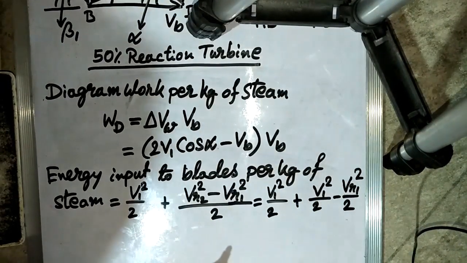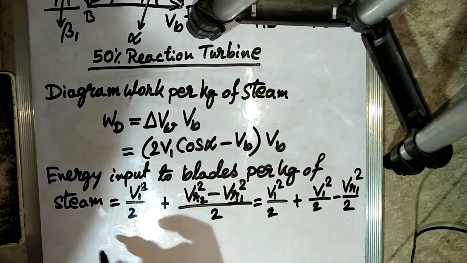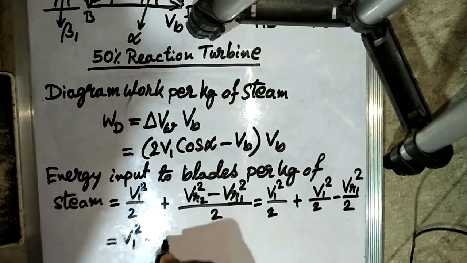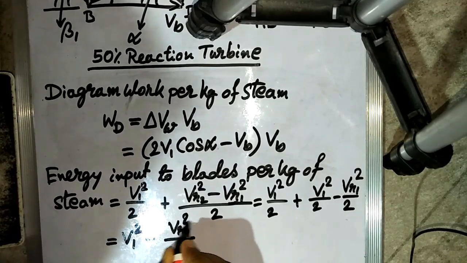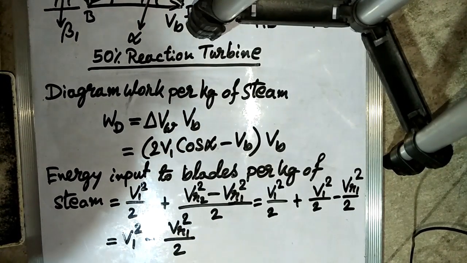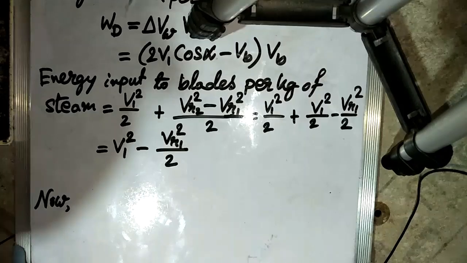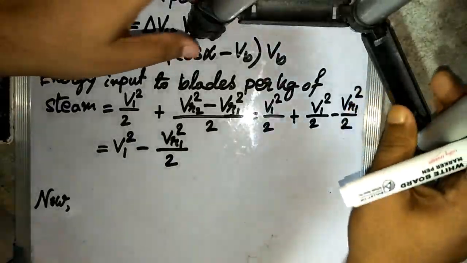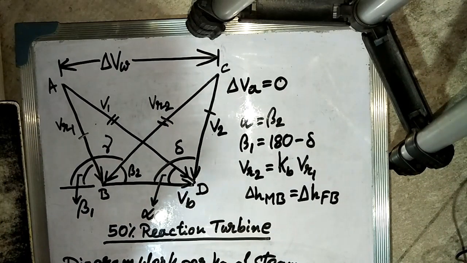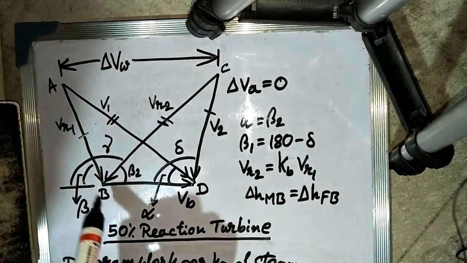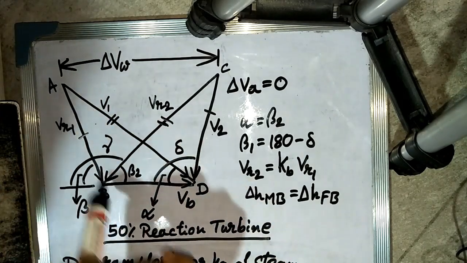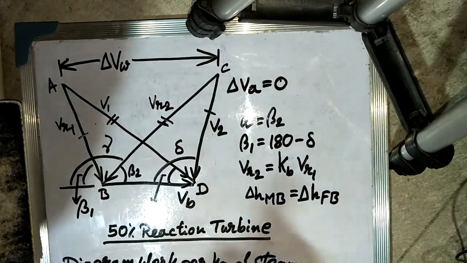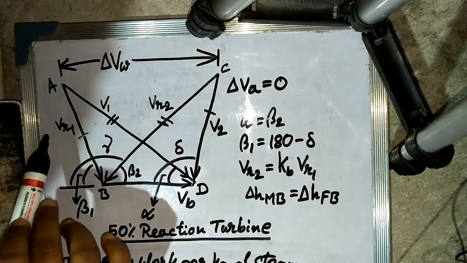So the value becomes (v1 square minus vr1 square) by 2. Now from the geometry, from the inlet velocity triangle A, B, D, we have three velocities, that is V1, VB and VR1.